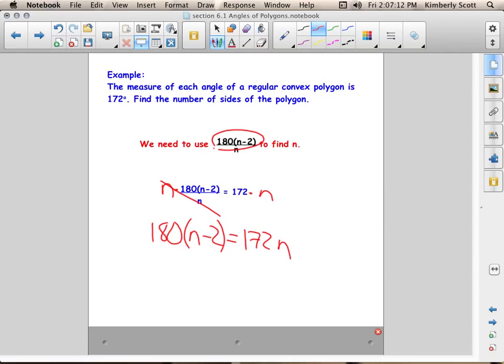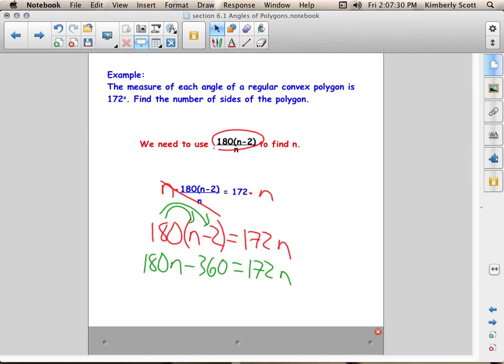And then we first want to do our distributive property. So I'll do 180 times n, 180 times negative 2. I get 180n minus 360 equals 172n. And then it should be pretty straightforward from there. I don't want n's on both sides, so I'm going to subtract 180n from both sides.